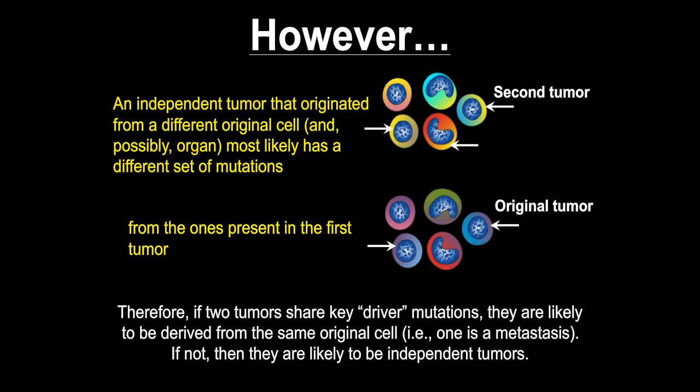But the first tumor will tend not to have the same mutations that the second tumor has. So analyzing molecular DNA characteristics of these different tumor cells in different locations, you can get a handle on the question of whether a tumor that you find in one place is the same as or different from a tumor that preceded it in another place.